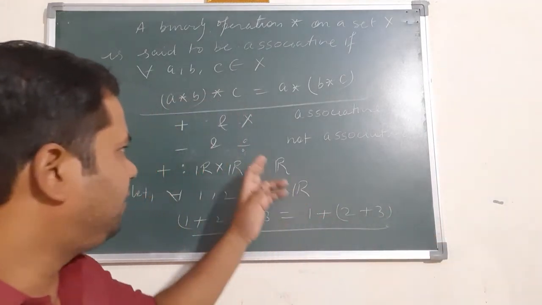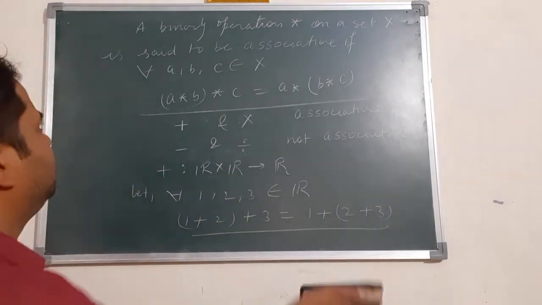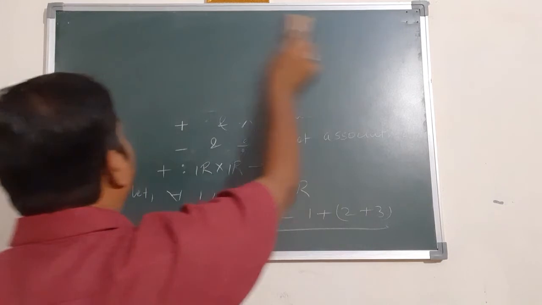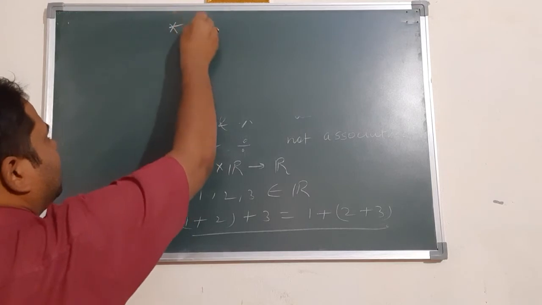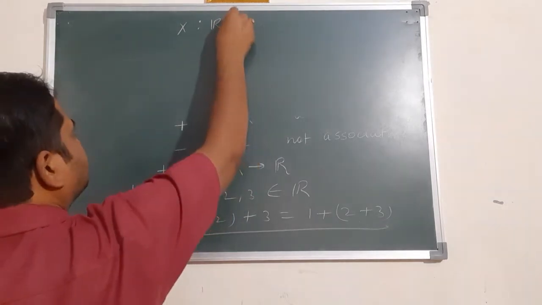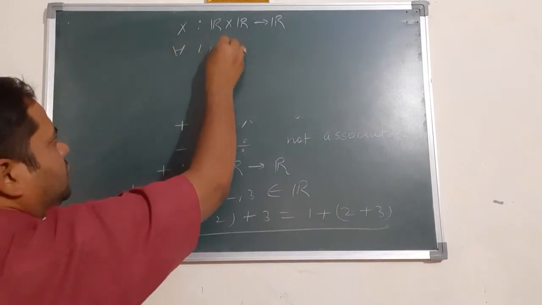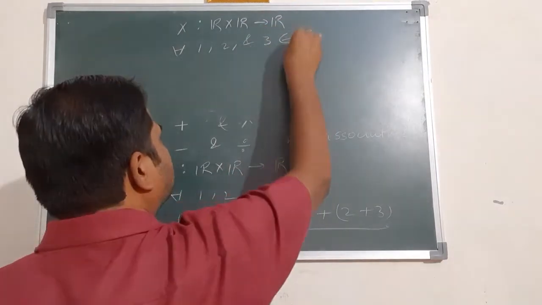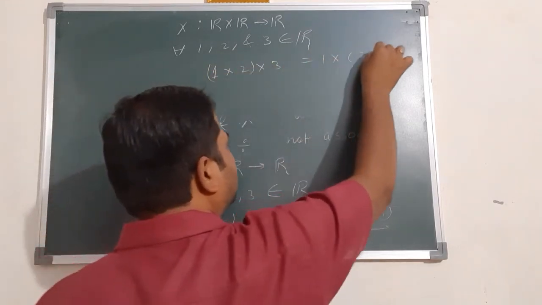Okay. Similarly, if you see multiplication, suppose multiplication is defined from R cross R to R, for each 1, 2 and 3 belonging to the real numbers, (1 into 2) into 3 equals 1 into (2 into 3).